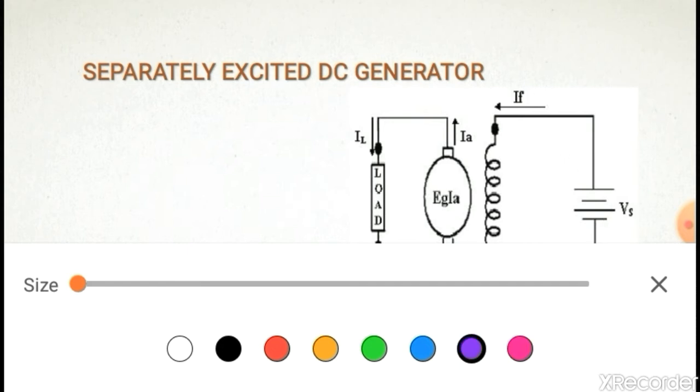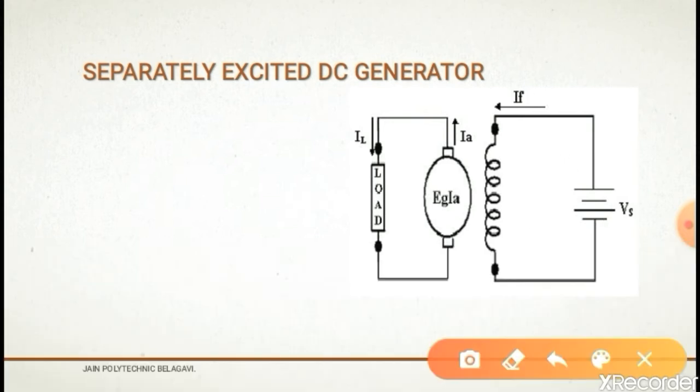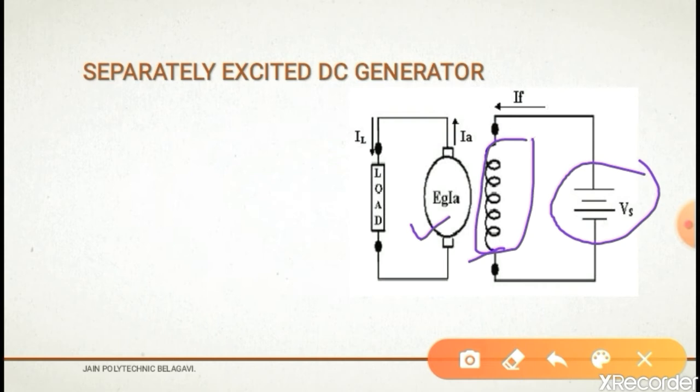The circuit diagram shows you how this separately excited DC generator is connected. In this, there is the armature winding and the field windings. Here, the field magnets or the field winding is energized from an independent external DC source.